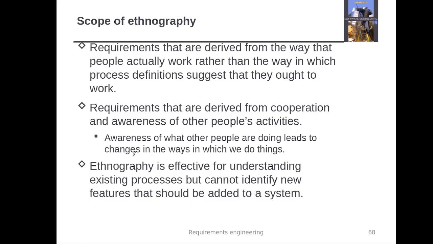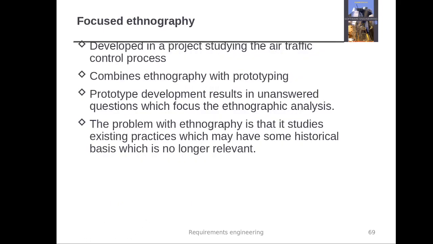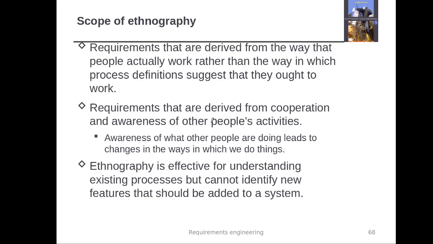Now let us see these things. Scope of ethnography. Where can we use ethnography? For requirements that are derived from the way that people actually work, rather than the way in which process definitions suggest that they ought to work.